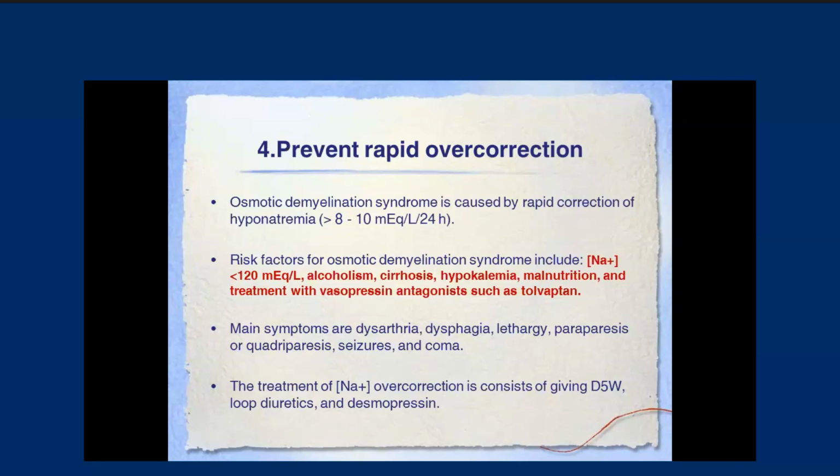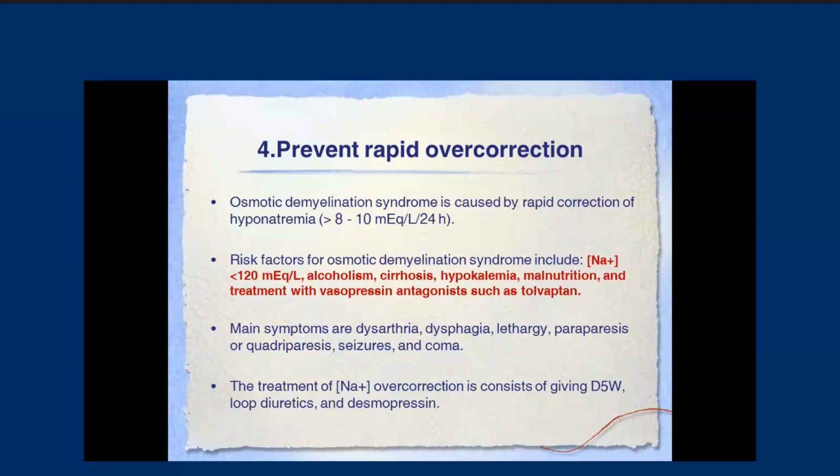Those patients with chronic hyponatremia, who develop hyponatremia over greater than 48 hours, there is brain adaptation. The brain will adapt to the chronic hyponatremia by removing some osmotically active particles and by decreasing the brain volume.